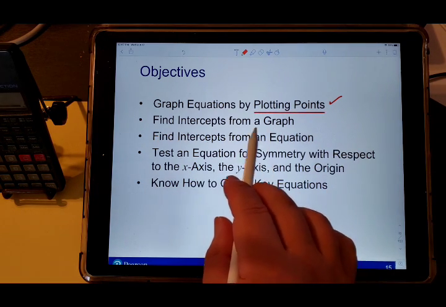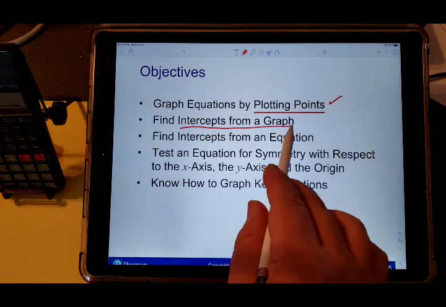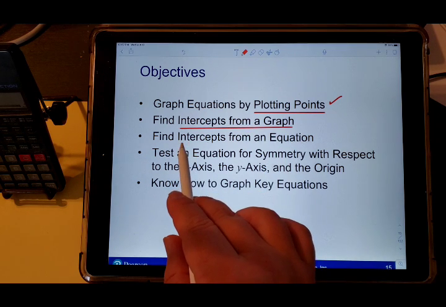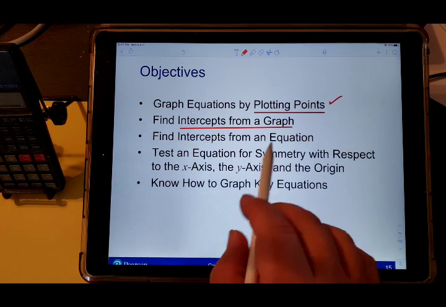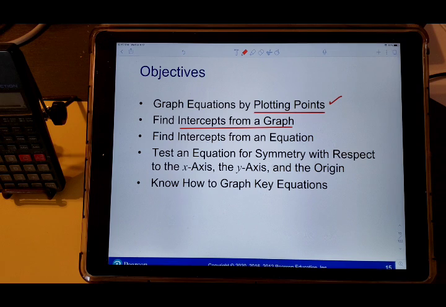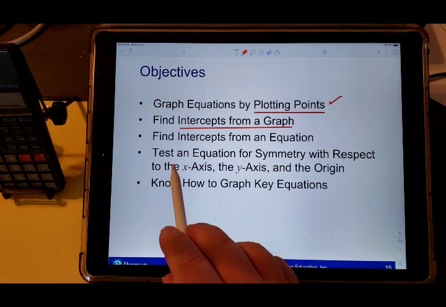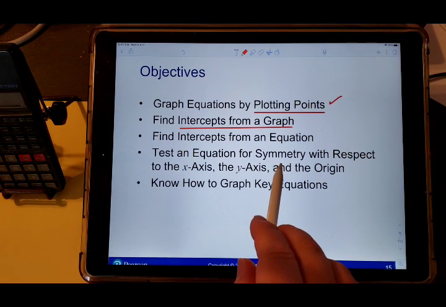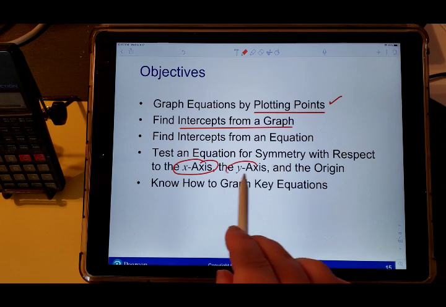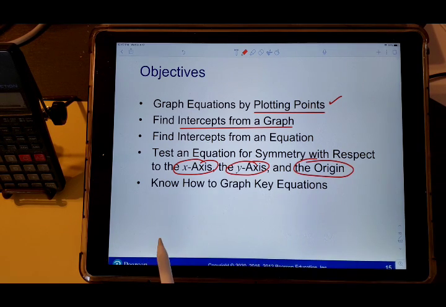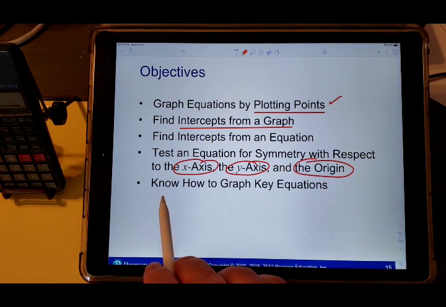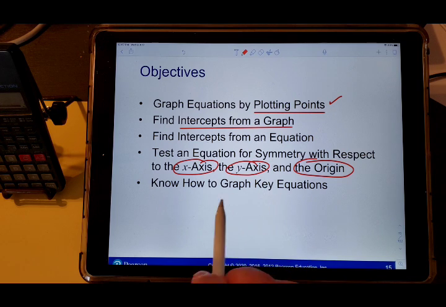Finding intercepts, definitely something we're interested in outside of Chapter 2. Finding the intercepts from an equation. Testing for symmetry with respect to the x-axis, y-axis, and origin. We'll talk about that. And know how to graph key equations.